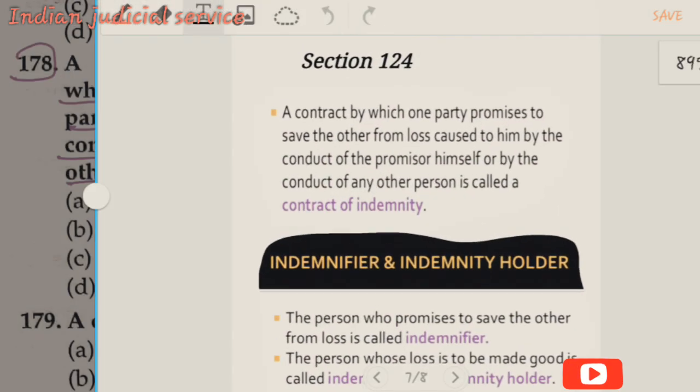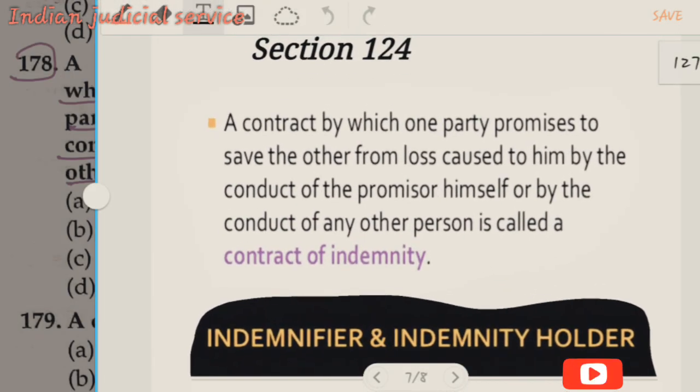According to section 124, the contract by which one party promises to save the other from loss caused to him by the conduct of the promisor himself or by the conduct of any other person is called the contract of indemnity.